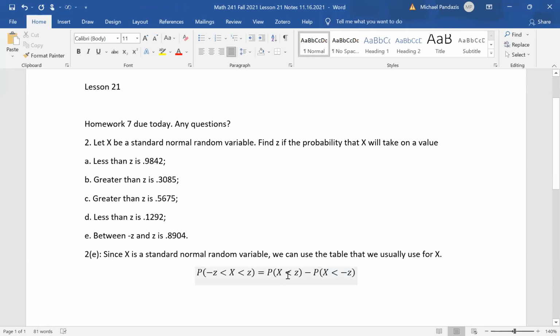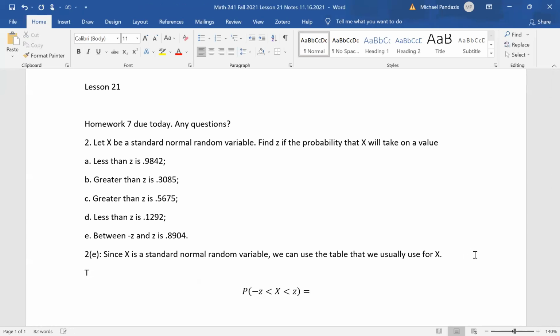Adding an equal sign doesn't matter, so I can make this less than or equal to or less than, and it doesn't change anything. Actually, we'll keep it less than. Let me fix this.